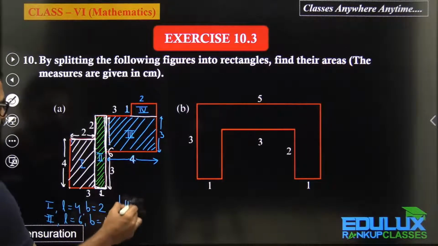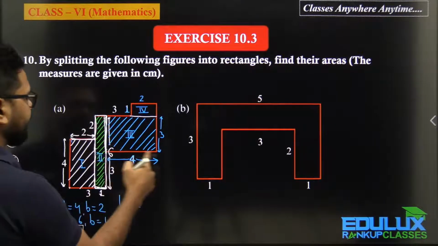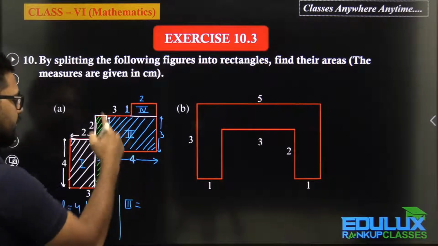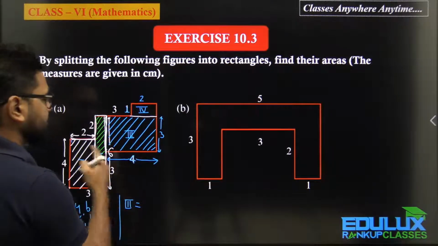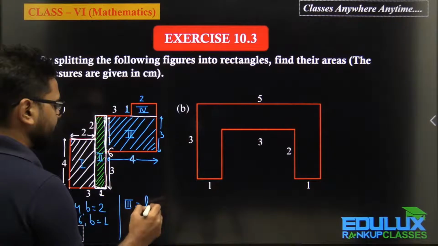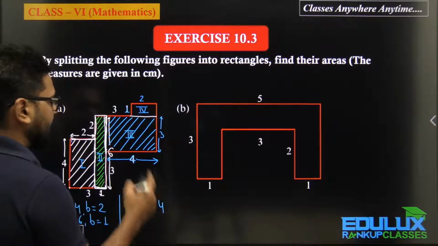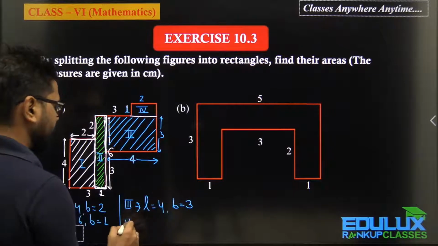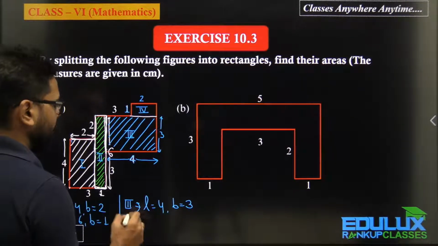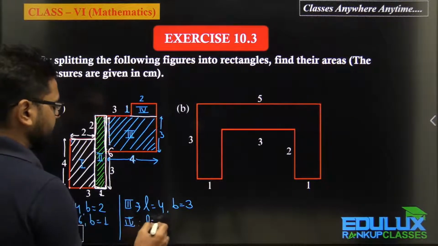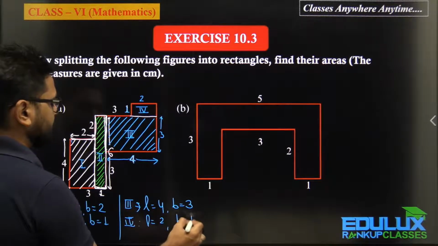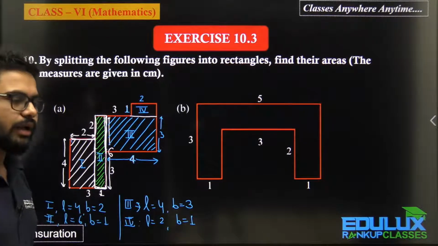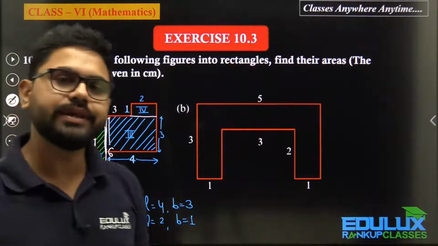Now third rectangle is this one shaded with blue color. 4 is the length and 3 is the breadth. So B is equal to 3, and for the last rectangle length you can consider as 2 and breadth is equal to 1, right? We have got the dimensions for all these rectangles.